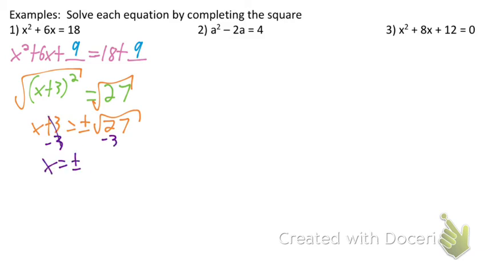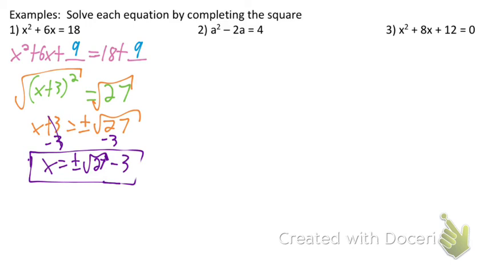X is equal to positive negative square root of 27 minus 3. Questions on that at all?